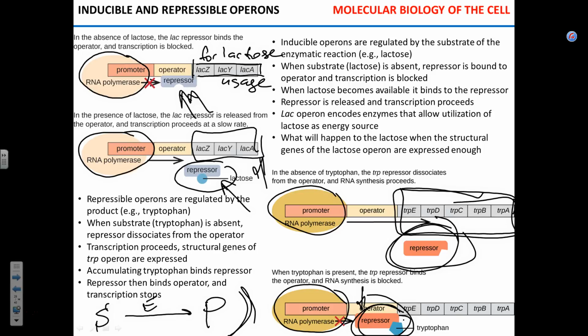Does that make sense? That's a repressible operon. I don't know, here's a mnemonic rule that you can use to keep it as a second option. The word inducible doesn't have any P letters in it. The word repressible does. So repressible is regulated by the product. I use that type of rules often.